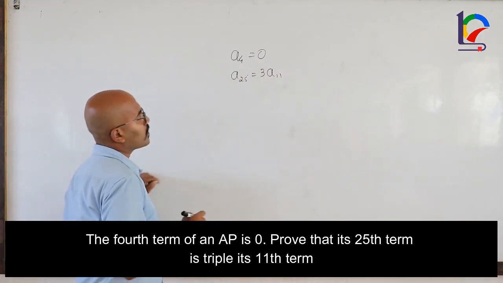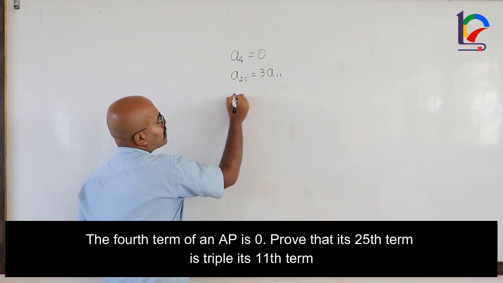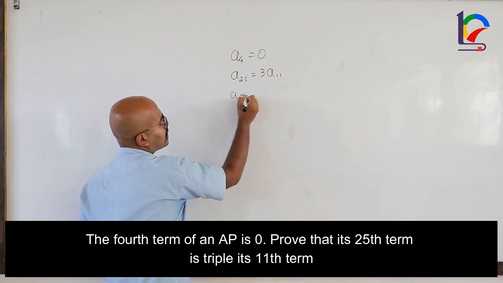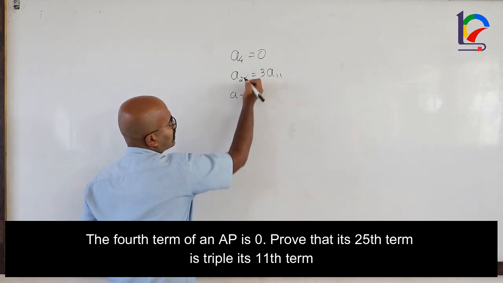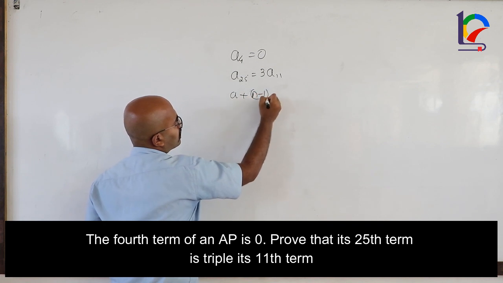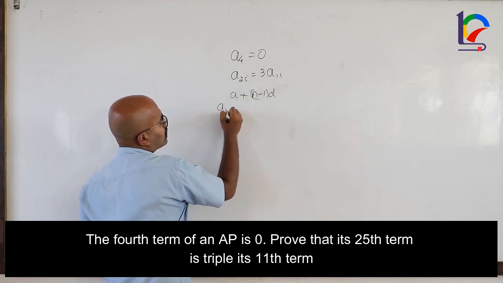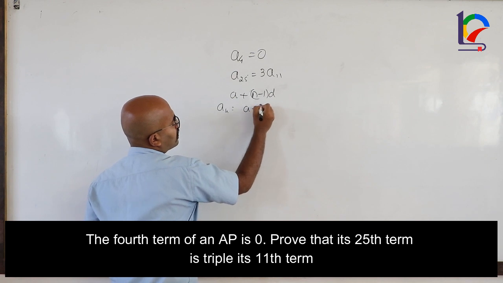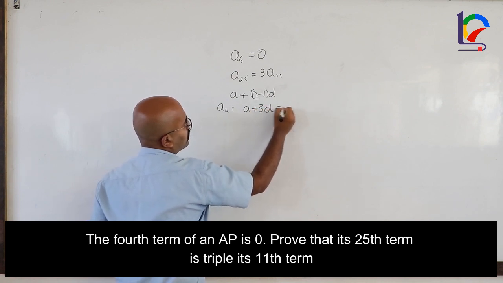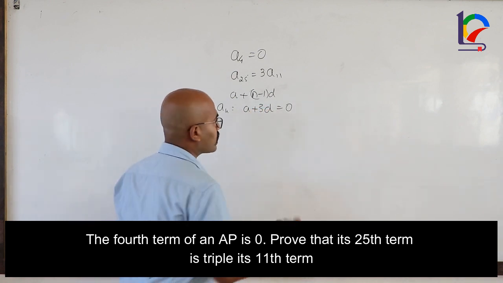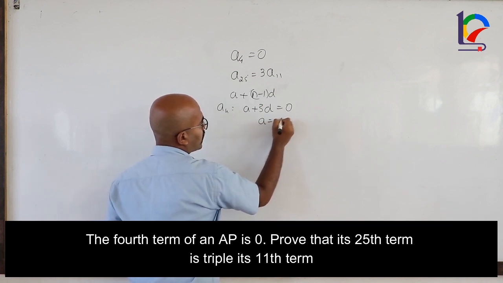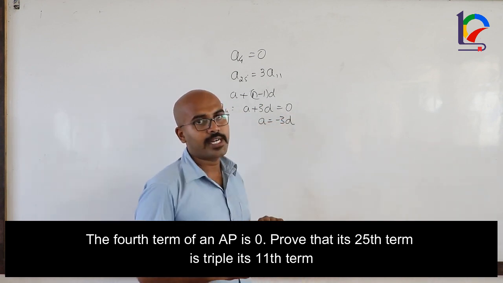So we know that A4 is 0. So A4 can be written as A plus n minus 1 into D. So A4 can be written as A plus 3D. This is equal to 0. So we get A is equal to minus 3D.